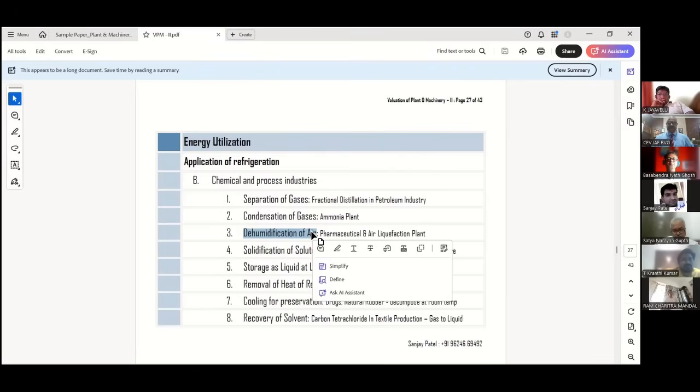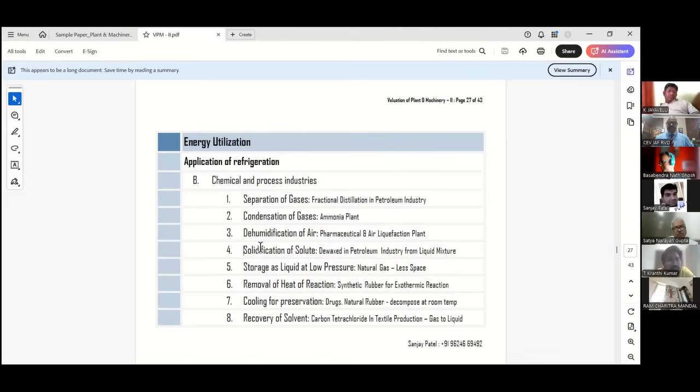Anyone? Which machine was it? Dehumidifier? No. Fluid bed dryer.